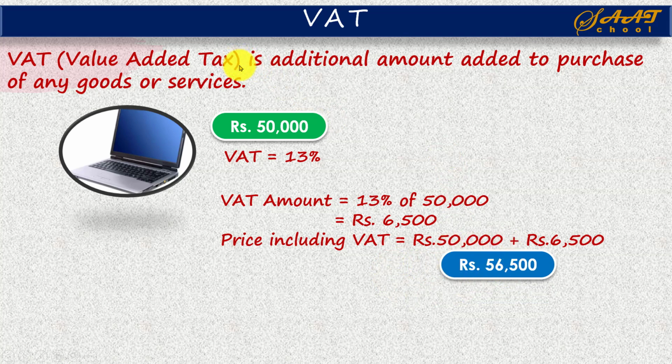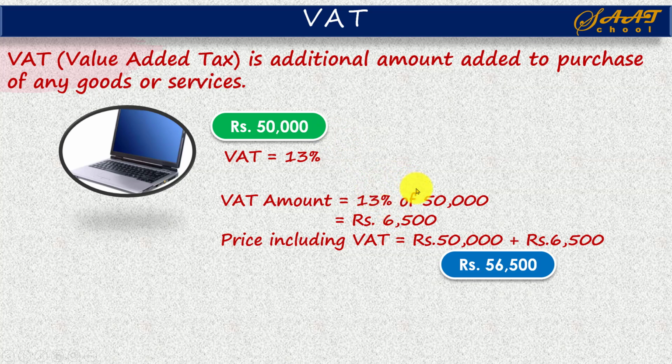Again, when there is a VAT, then you have to pay an additional amount, and that additional amount is added to your purchase price. Let's rewind. Suppose this is the mark price of the laptop, and there is 13% VAT on this purchase price. Now, when there is VAT, you have to calculate the VAT amount, which is 13% of 50,000 in this case, and this is 6,500.